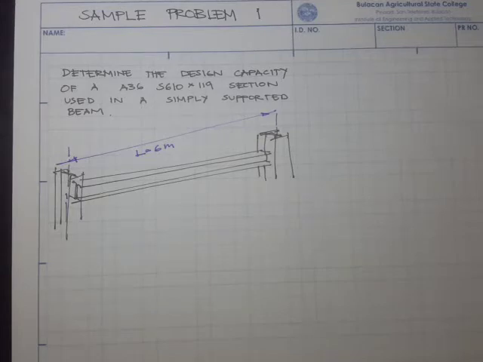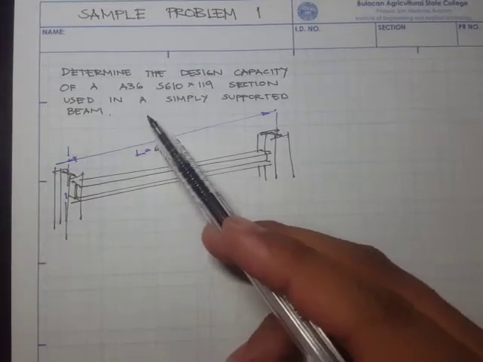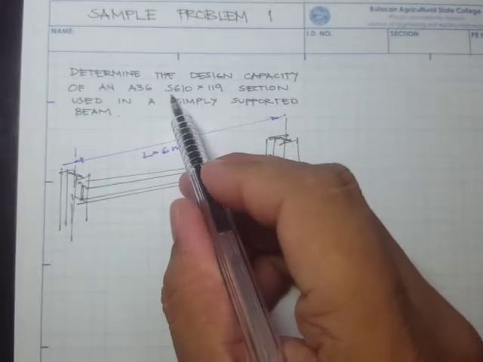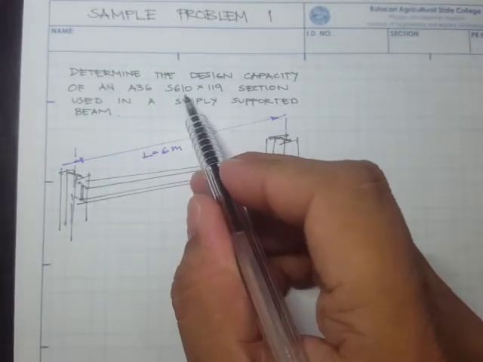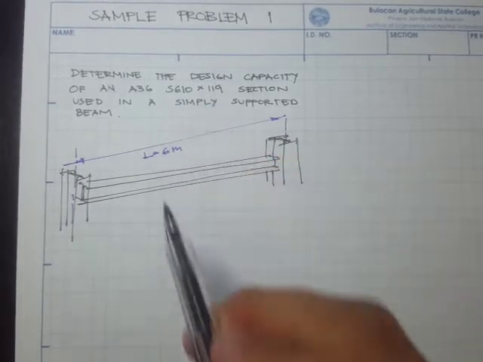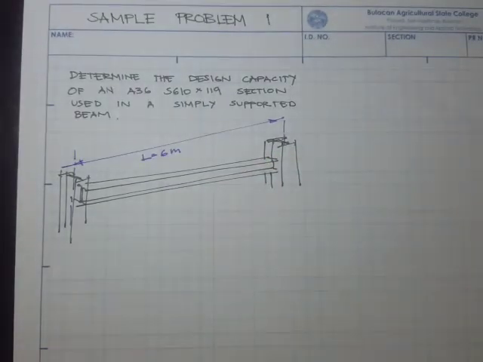In this video, we'll be doing our sample problem for the flexural members. The problem is to determine the design capacity of an A36 steel, and the section is an S shape 610 by 119, used in a simply supported beam.